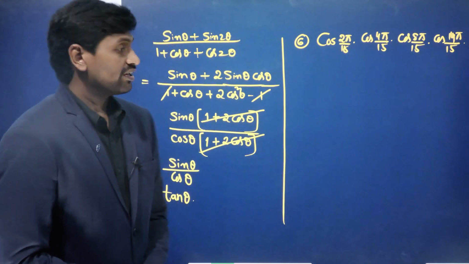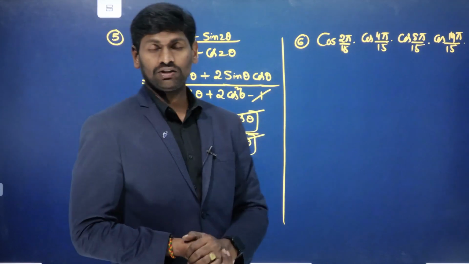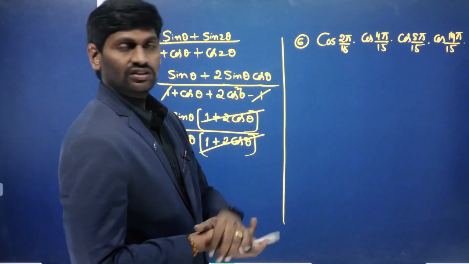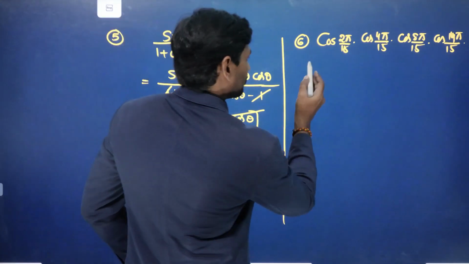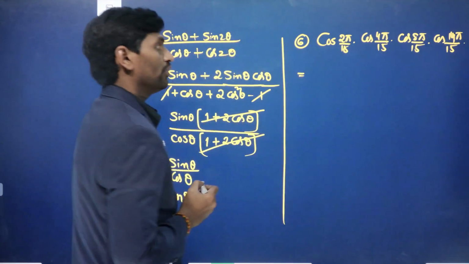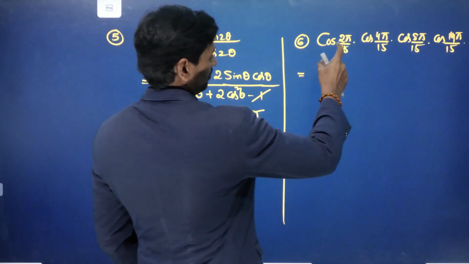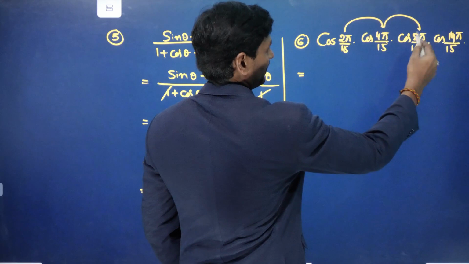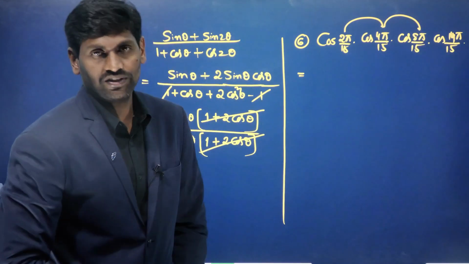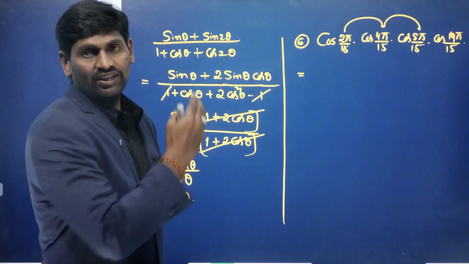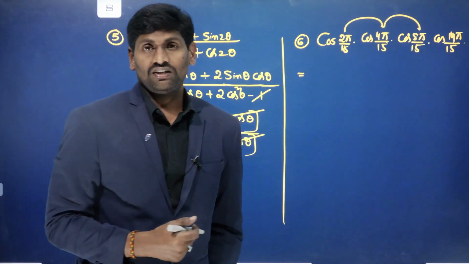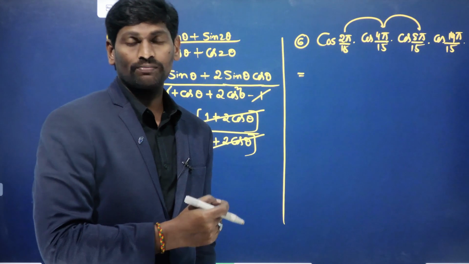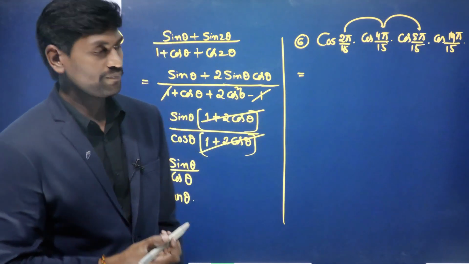Now this entire term, I am going to find cos 2 theta, that means 2 becomes 4, 4 to 8, 8 to 16, but 14 is given, whatever. For getting this repeatedly, we have one common formula, that is sin 2 theta. Sin 2 theta is nothing but 2 sin theta cos theta.